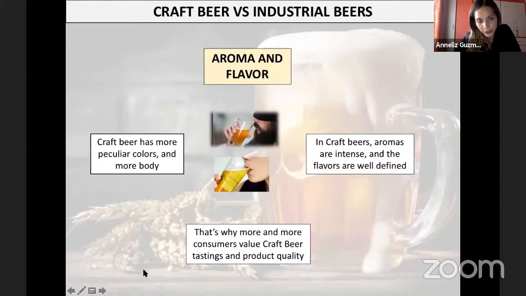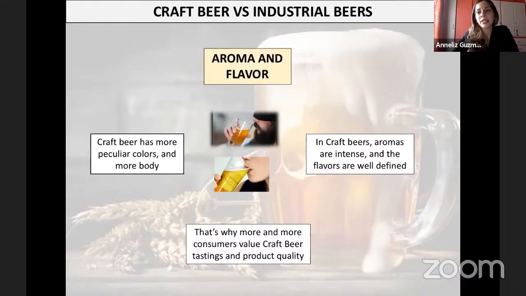Aroma and flavor. Craft beer has more peculiar colors and more variety. In craft beers, aromas are intense and the flavors are well defined. That's why more and more consumers value craft beer tastings and product quality.